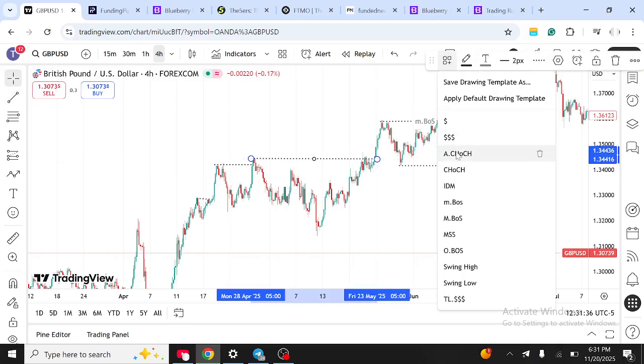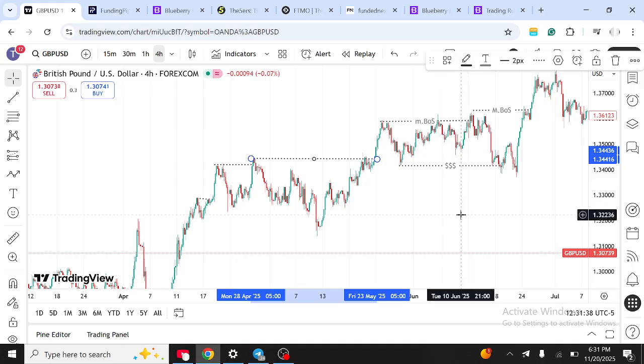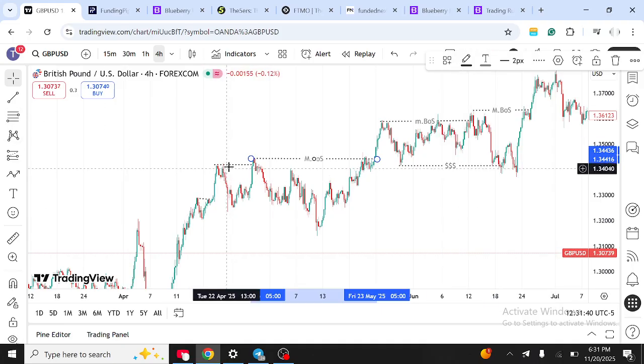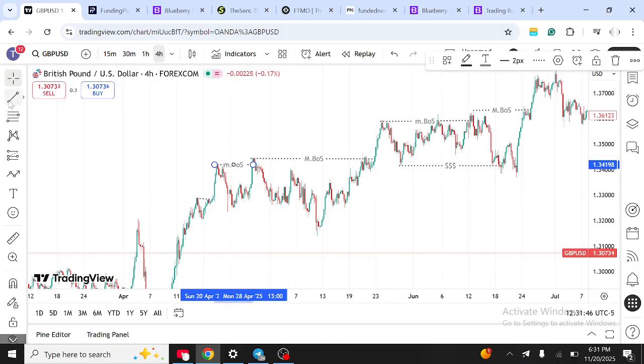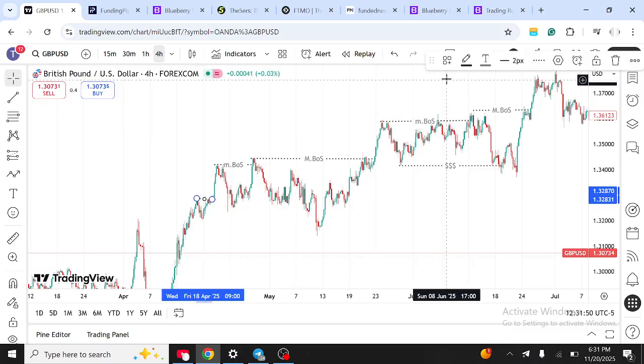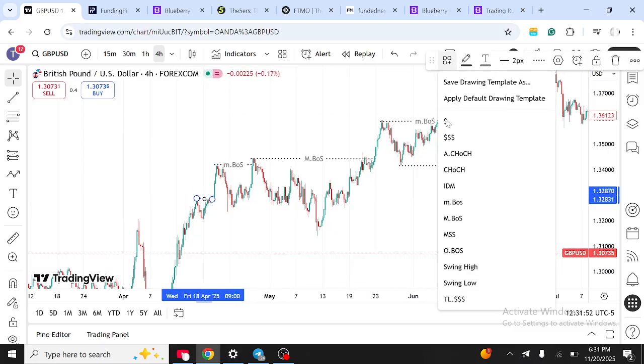So for me, I don't call a market to change direction until the low of my type A liquidity or type B liquidity has been taken out.